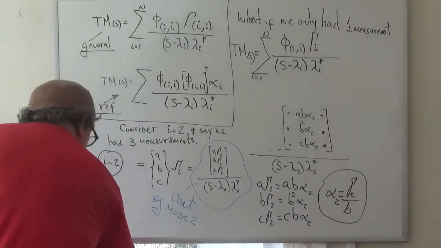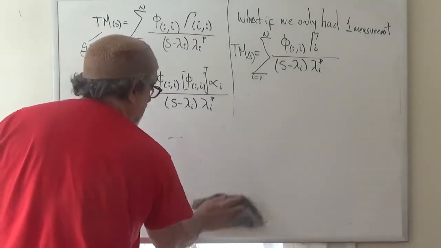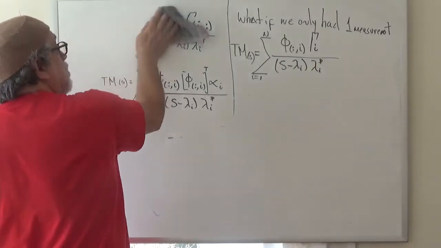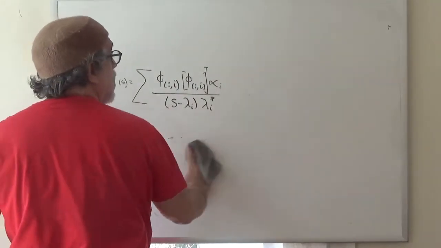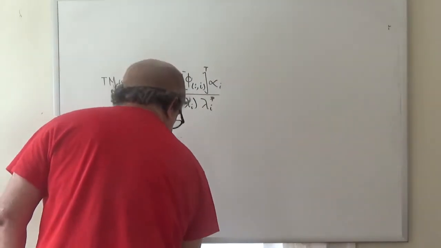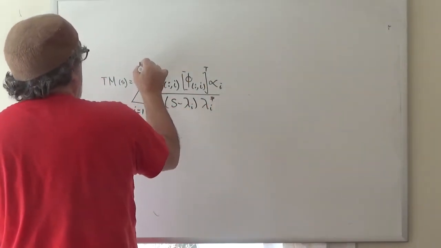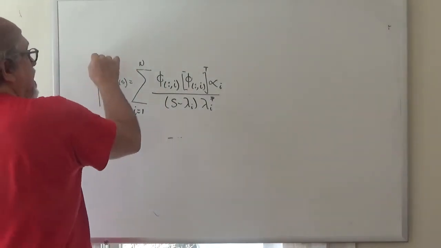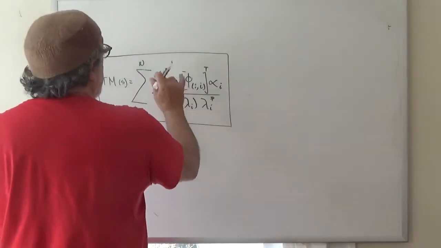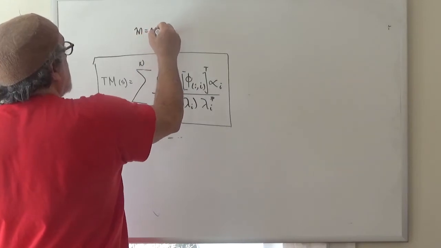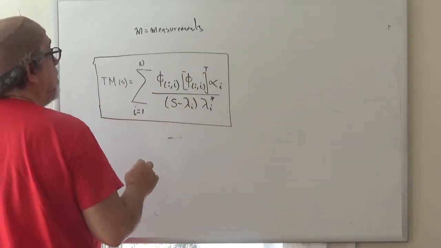So, the summary of this discussion will now be presented here. So the summary is that the transfer matrix can be written in this form. And therefore, if you have n measurements, your transfer matrix will be m by m.